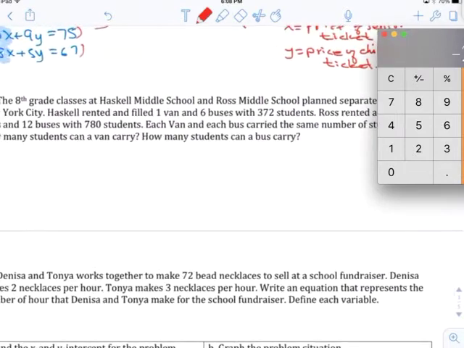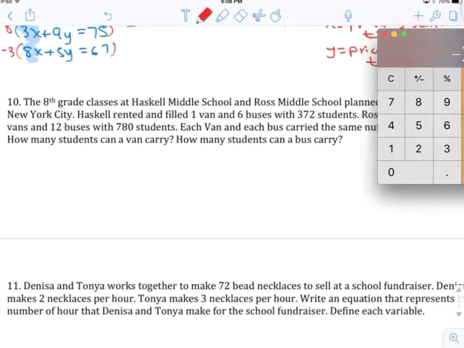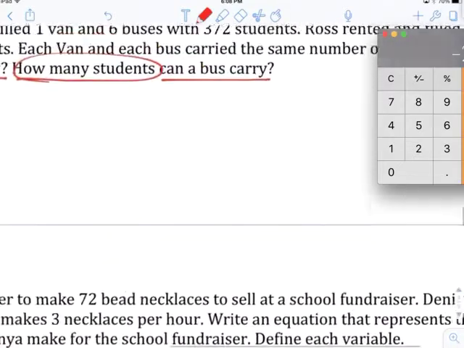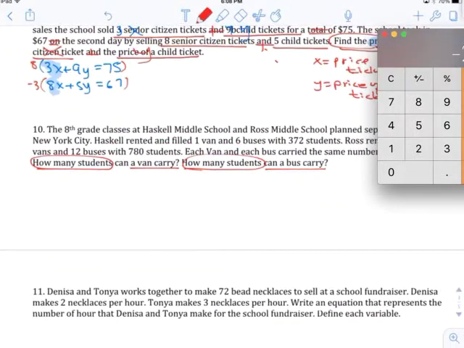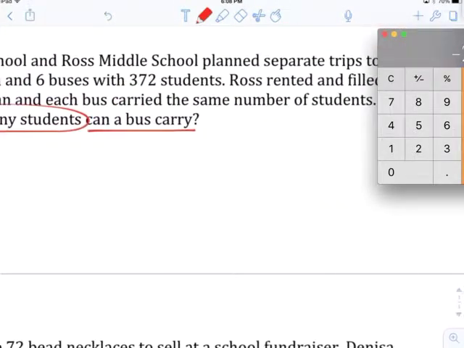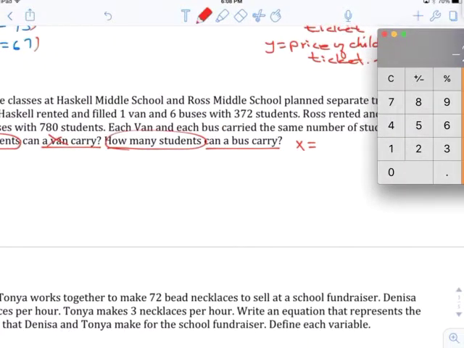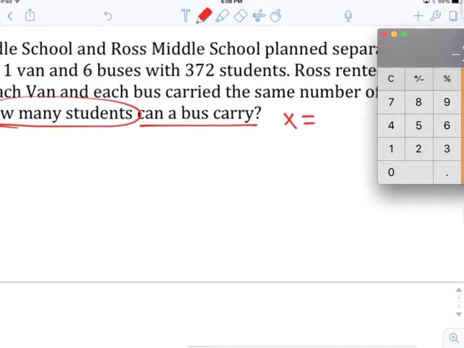okay, the best thing to do is look at the question. Each van and each bus carry the same amount of students. How many students can a van carry? How many students can a bus carry? Okay, so X represents the van. X equals number of students. How many students? Because it says how many students.